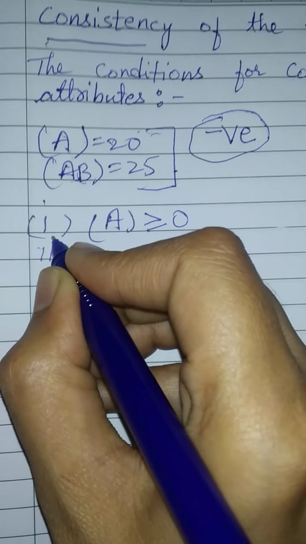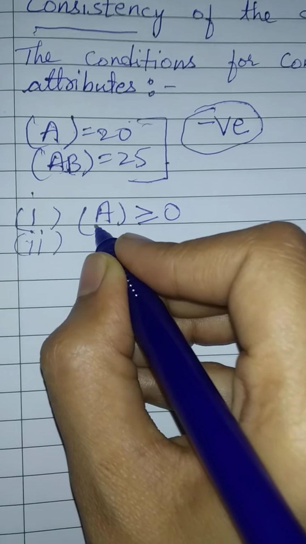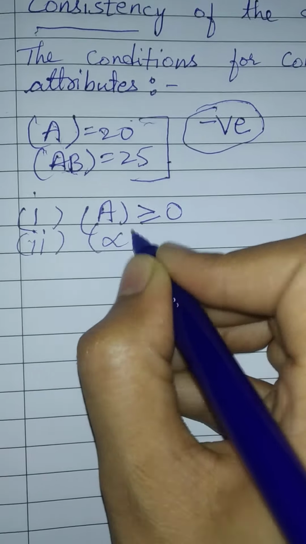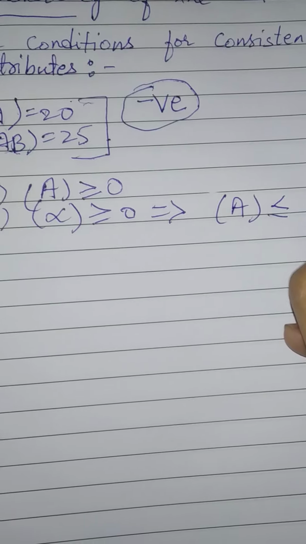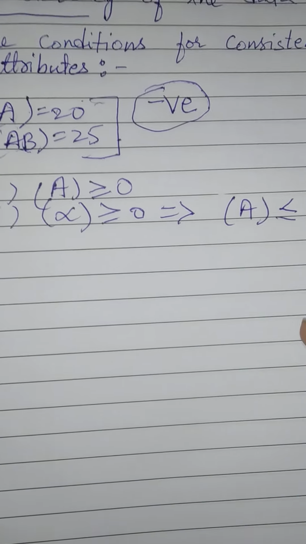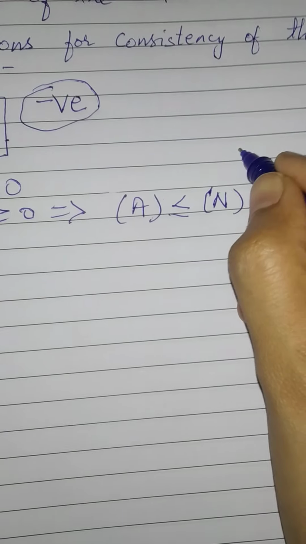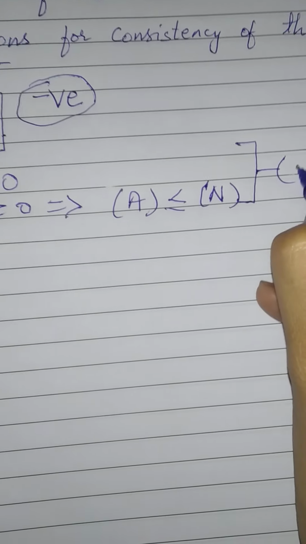Then the second one is alpha greater than or equal to 0. That means the A class can be less than or equal to capital N. Students, this is nothing but equation 1 we are making.